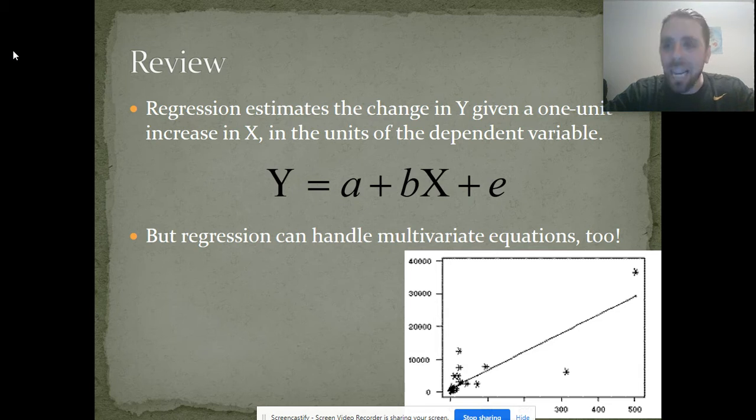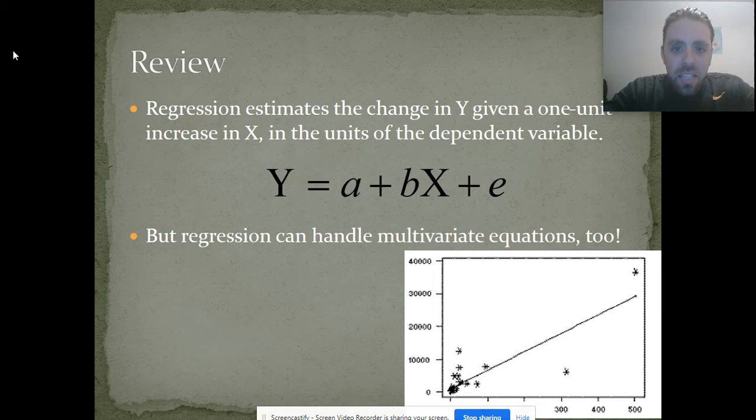So it's the magnitude of change in the variable that you care about predicting, independent of any other factors, okay? And we express it in the units of the dependent variable, which is one of the coolest things about regression, is you can price out exactly how much in known units y, or the dependent variable, will change.